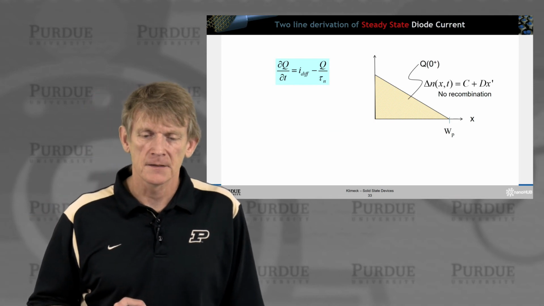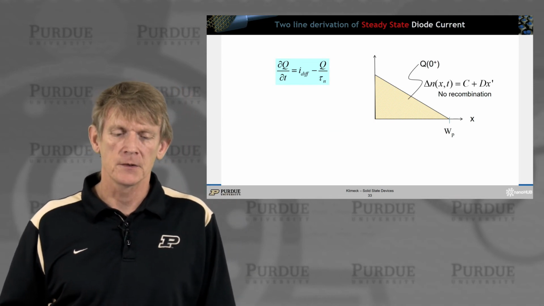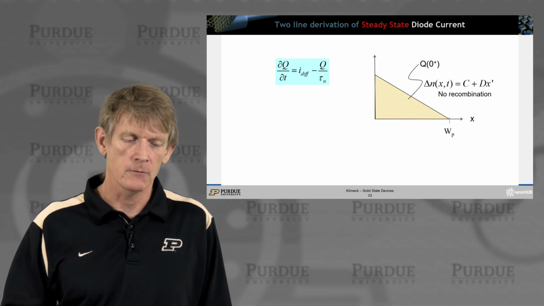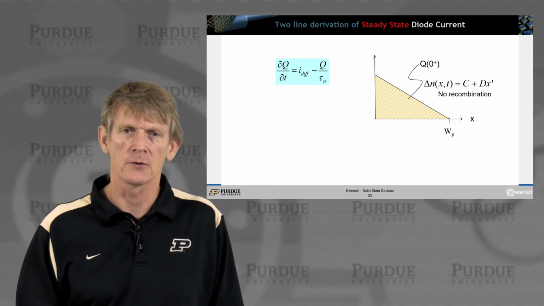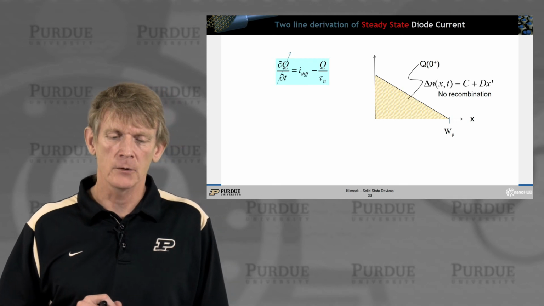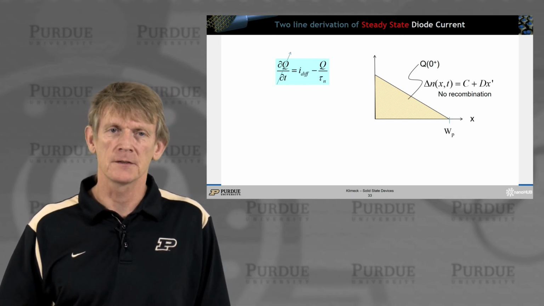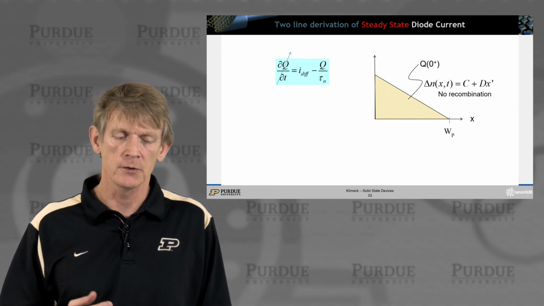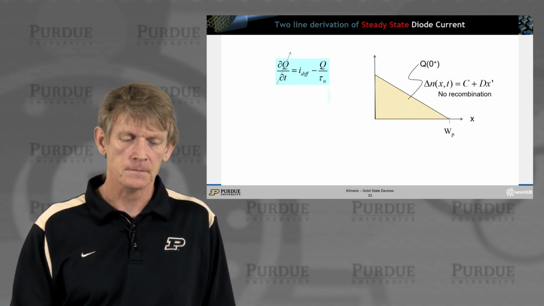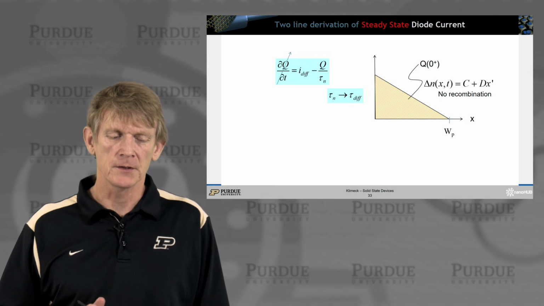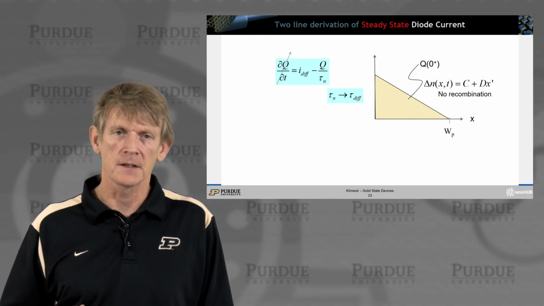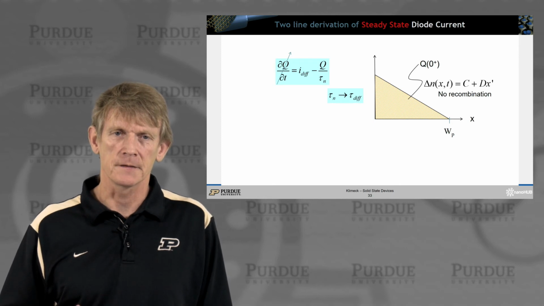Let's derive with this concept the steady-state diode current. We start again from the charge control model, but now we're interested in steady state. So we know how carriers flow through the system by diffusion, and we're substituting in this expression the minority carrier lifetime with the diffusion lifetime.